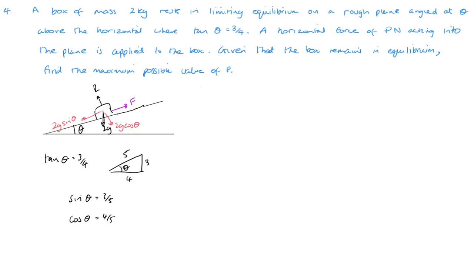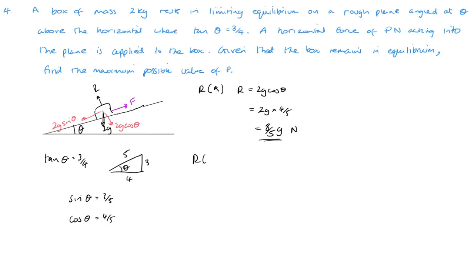So I want to resolve perpendicular. So R equals 2g cos theta. Cos theta is 4/5, so 2g times 4/5, so 8/5 g. I'll leave it like that for now, newtons. Now, we don't know mu, do we? Okay.